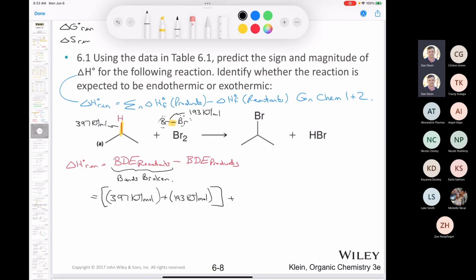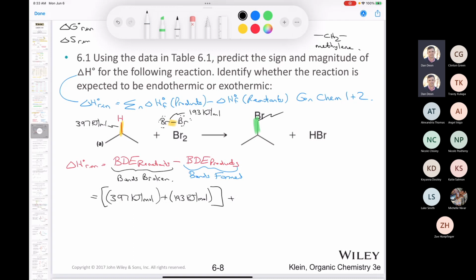So now we've got bonds formed. What are the bonds that are formed? Well, one of them is the bond between the carbon and the bromine of propane, of the carbon in the middle. And I said the word methylene. Whenever I talk about a CH2 like this, that's called a methylene. So instead of always calling it a CH2, I'll call it a methylene.